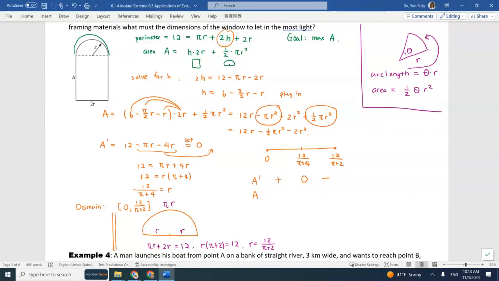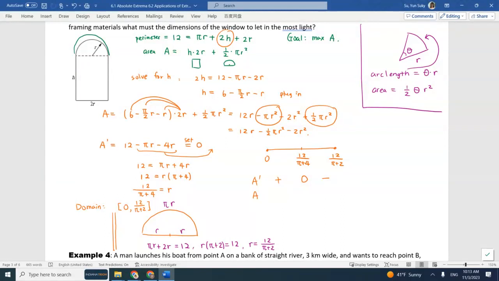If you have a smaller r, then your h will be longer, right? And then even smaller r, your h will be even longer. Do you agree? So the smallest r is when your r is 0. You actually only have 2 sides of the window. So the area is 0. Right, everybody?